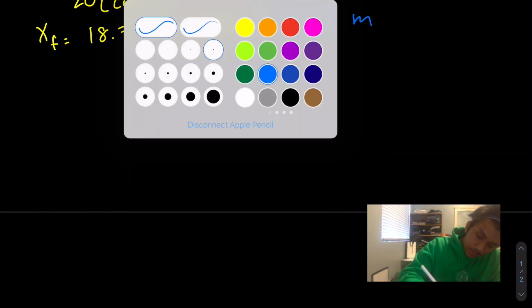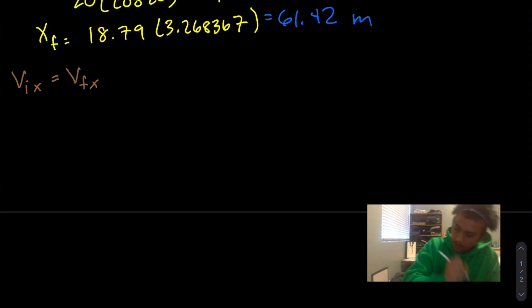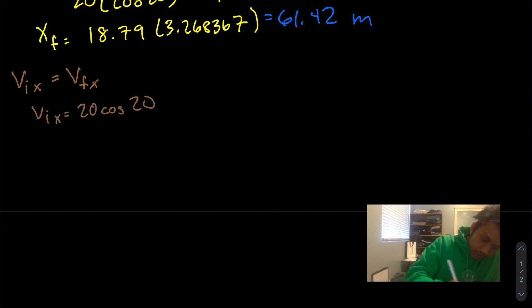So your v initial x equals your v final x, and v initial x equals 20 cosine 20, which is 18.79 meters per second.